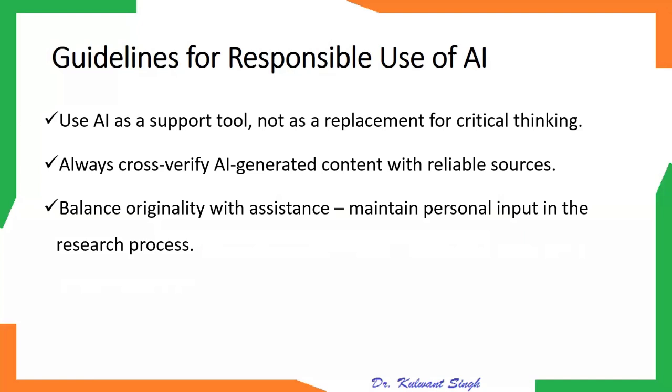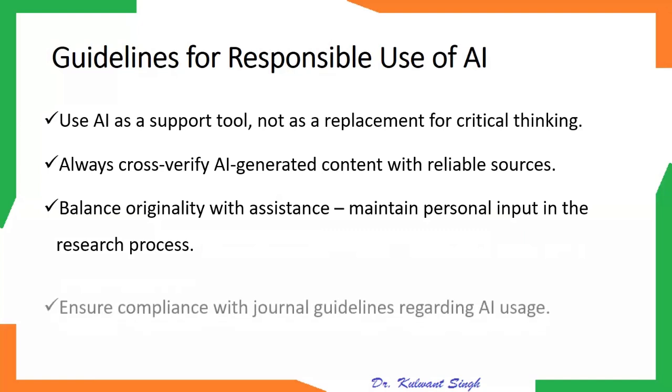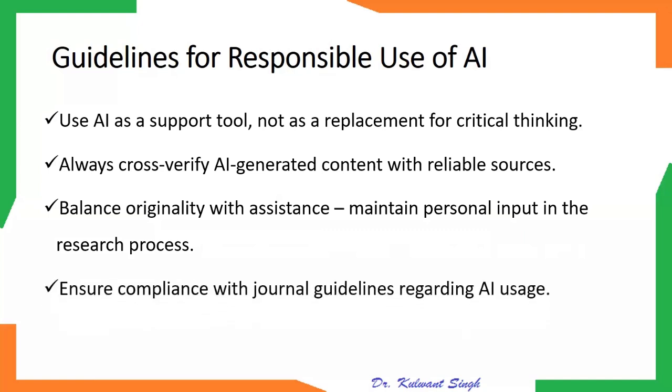Maintain personal input in the research process, and this can be maintained if you have sufficient knowledge of your research domain. Ensure compliance with journal guidelines regarding AI use. If you are using AI tools, go through any specific guideline for AI tools in the journal where we want to submit our paper. Accordingly, we have to use them.